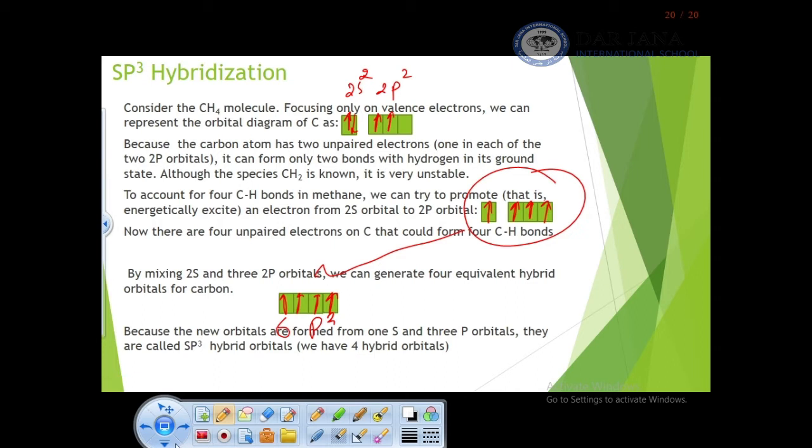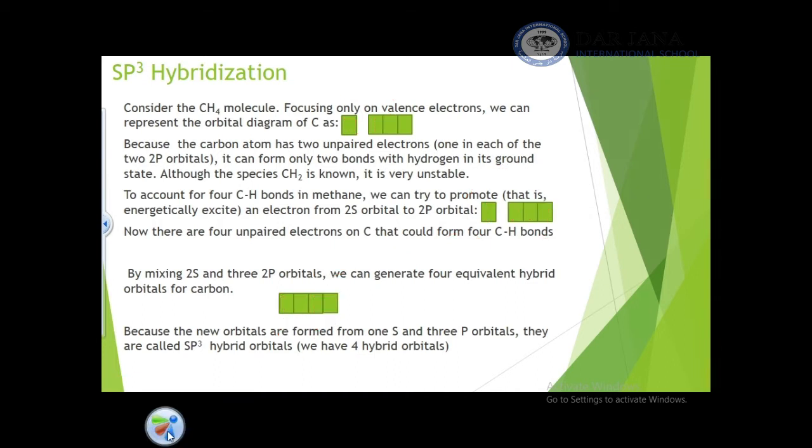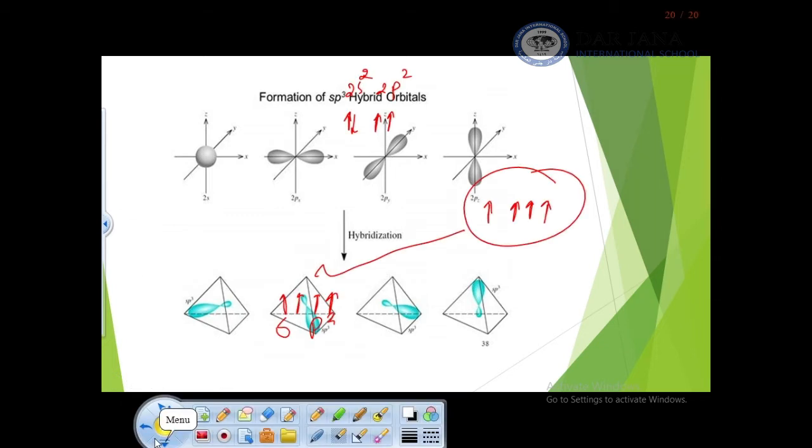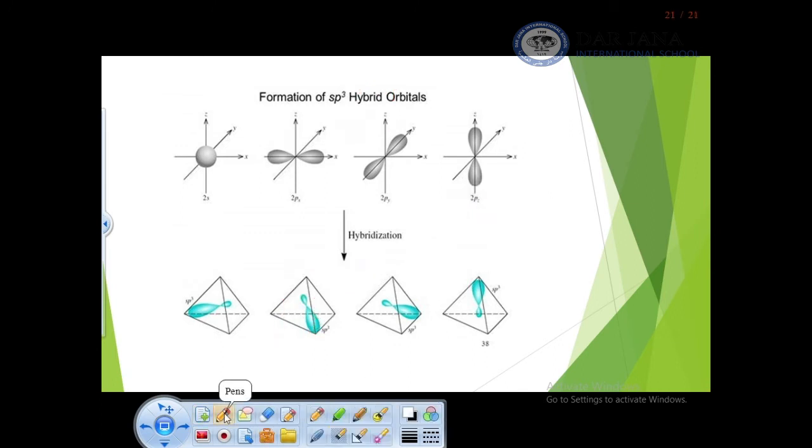Let's move now to see how it will be displayed. Formation of sp3 hybrid orbitals, as you can see, we have the s here represented by a sphere. And we have the 2p represented by 2 lobes, okay?